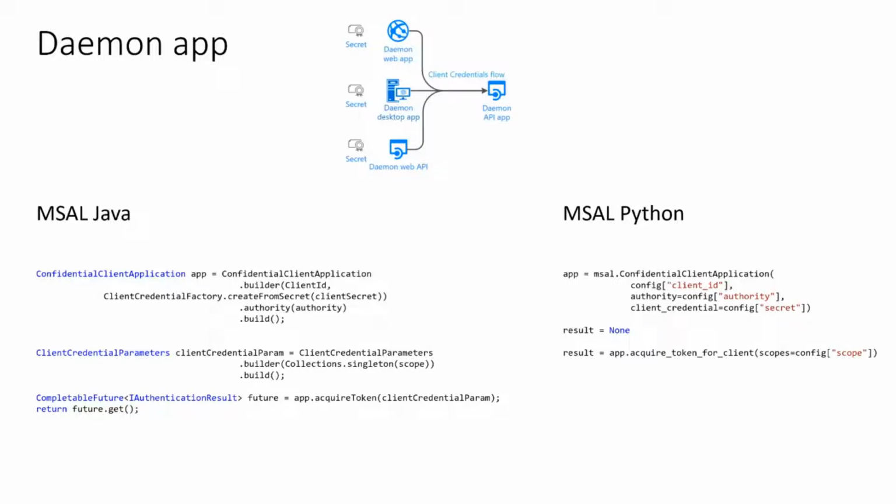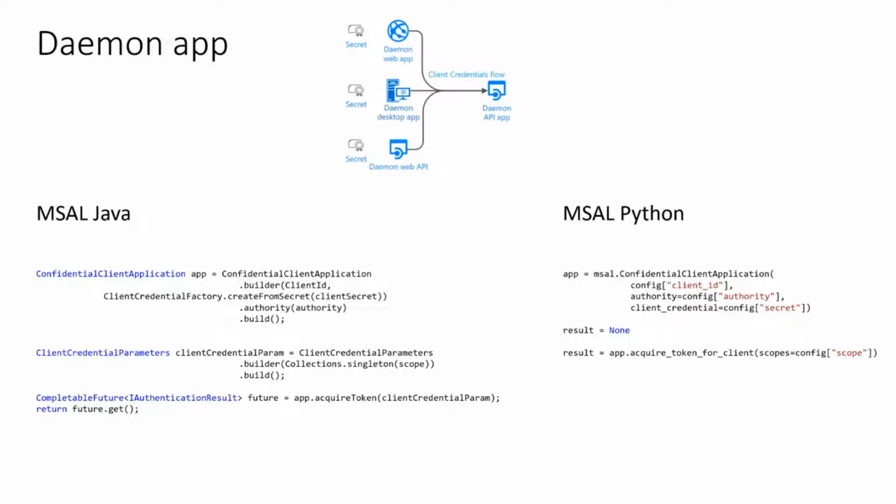So this doesn't require a user to be present. But this application would also be modeled as a confidential client application since it runs on a server and can be securely maintaining a secret. So the pattern is very similar. You create a confidential client application object and then call the acquire token method by setting up some of the client credential parameters.